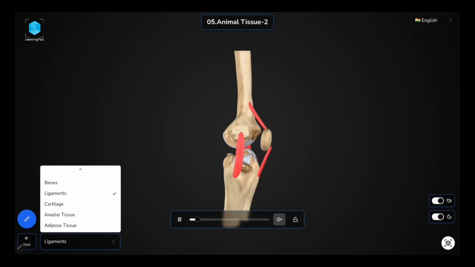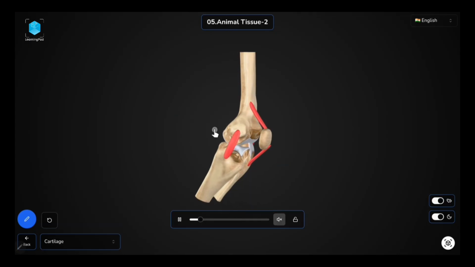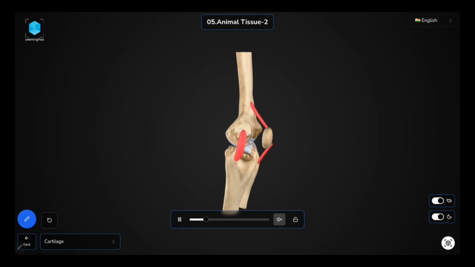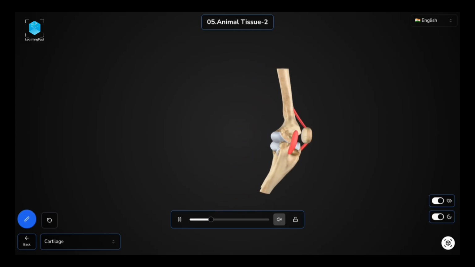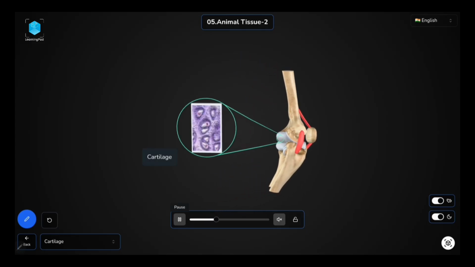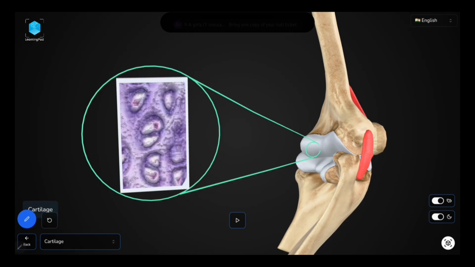Next, another type of tissue is cartilage. Here you can see in the picture two bones, the elbow bones, and this is the cartilage. How are the cells in the cartilage? Cartilage is a flexible connective tissue with solid matrix, and this matrix is made up of protein and sugars. The function is that it smoothens the surface of the bone.